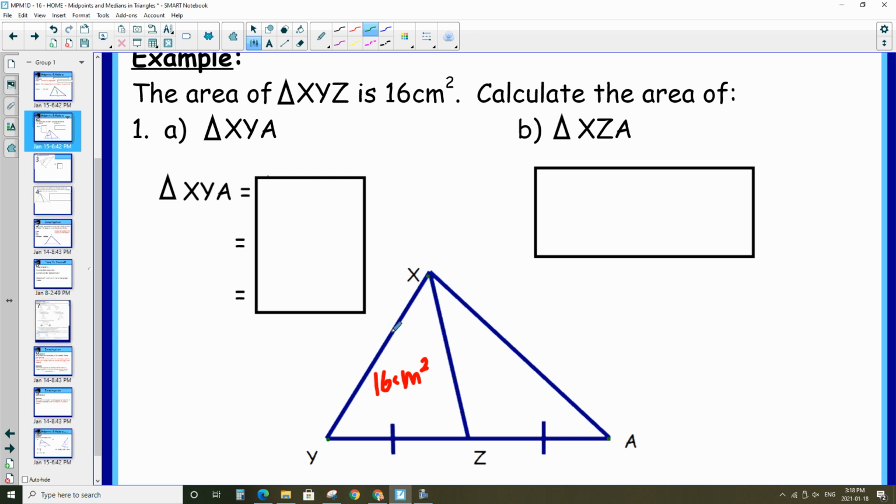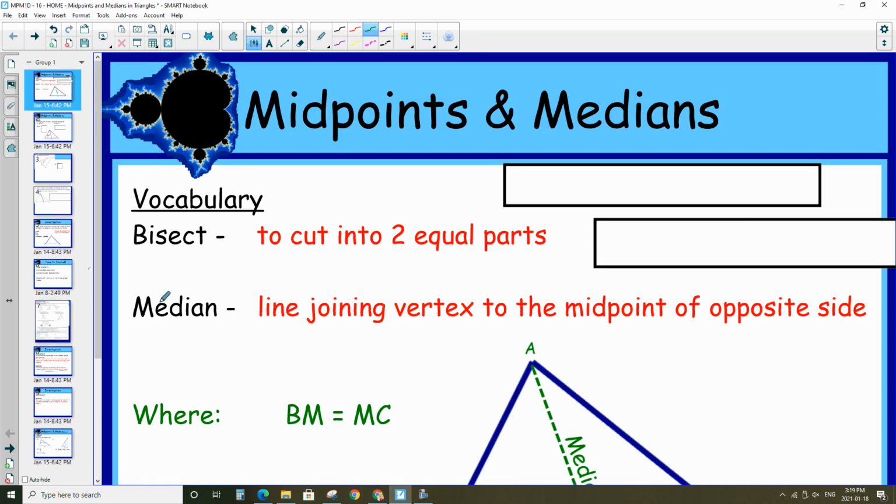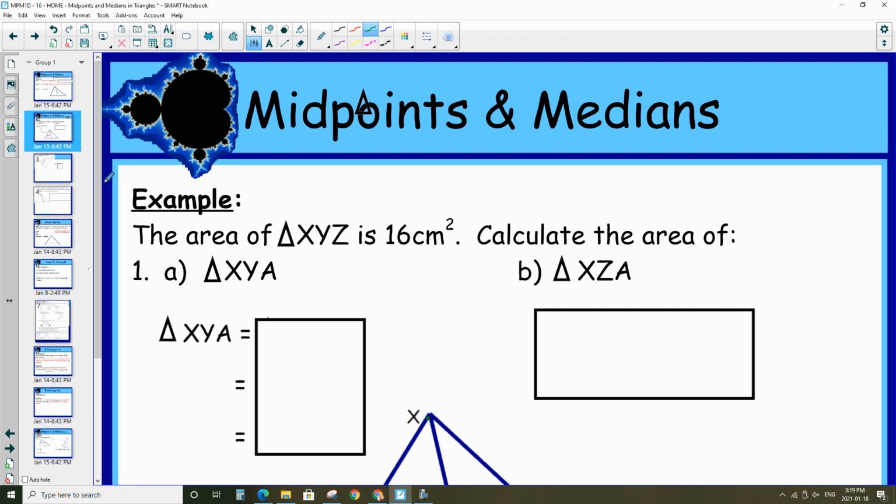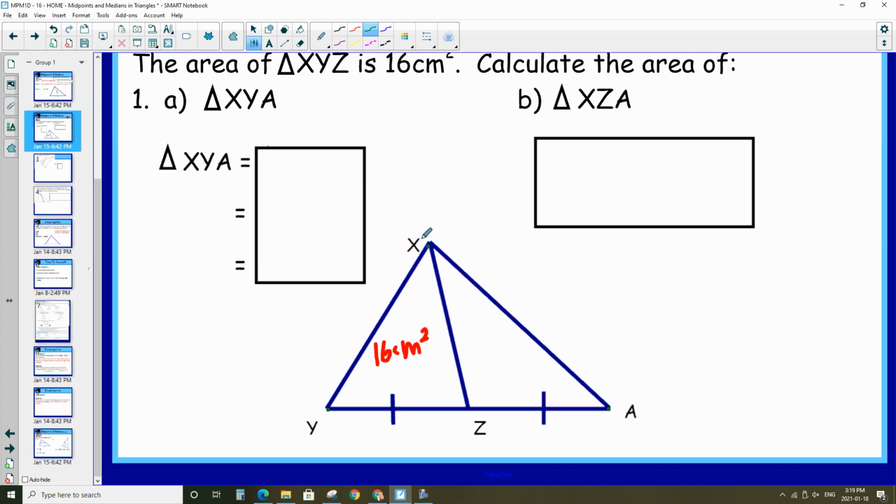Okay, so if we know the area of half of the triangle, because we know this is broken up into two equal halves because we just drew a median from vertex X to the midpoint of Y to A. We know it's exactly in the middle because there's one little line here and one little line there. So it's showing that it's exactly in the middle. So when we draw that line, that breaks up our triangle into two equal parts.